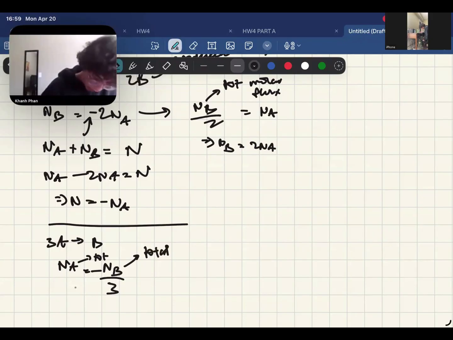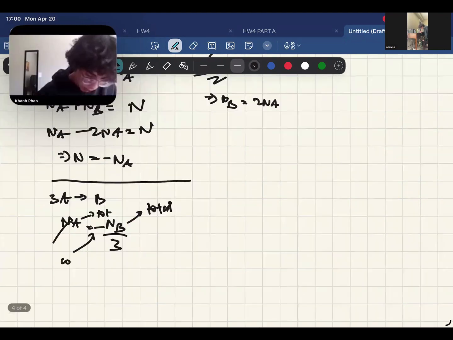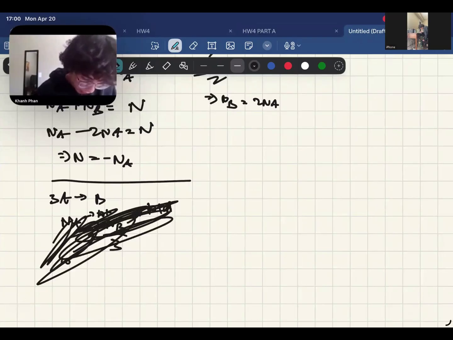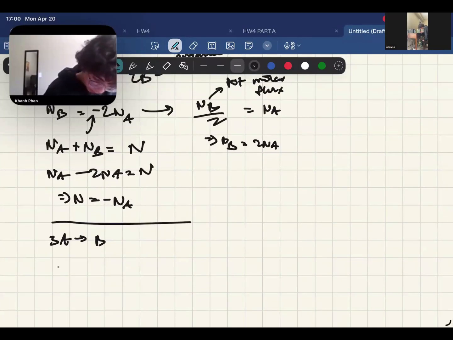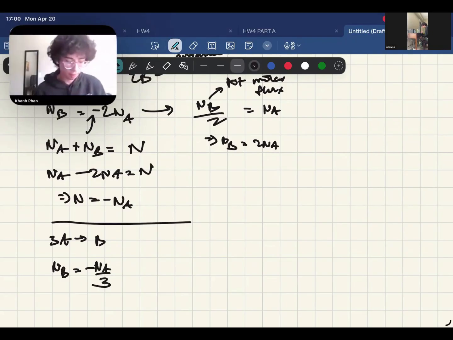And then don't forget the negative sign, because A is being consumed, but since we switched signs around, let's see. For 3A that makes B, the entire species B would just be species A divided by 3 with a negative sign.